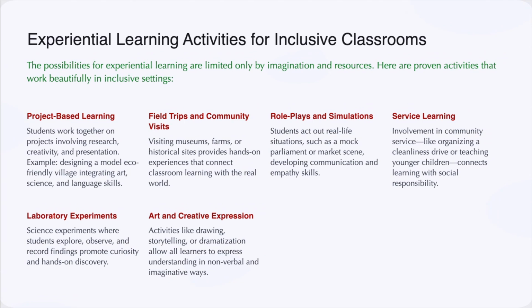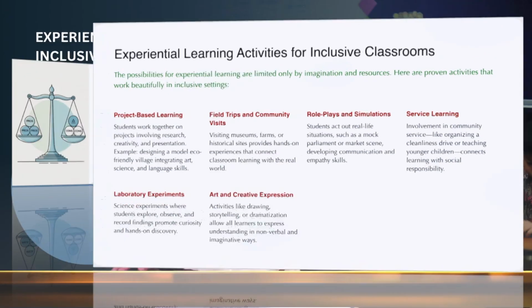Number five, laboratory experiments. Science experiments where students explore, observe, and record findings promote curiosity and hands on discovery. Number six, art and creative expression. Activities like drawing, storytelling, or dramatization allow all learners to express understanding in nonverbal and imaginative ways.